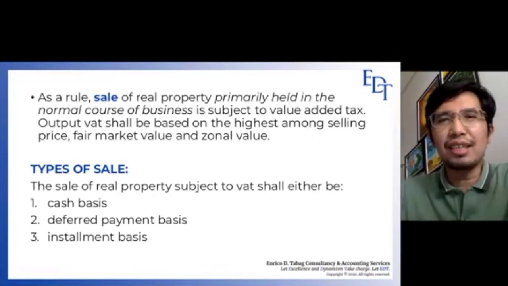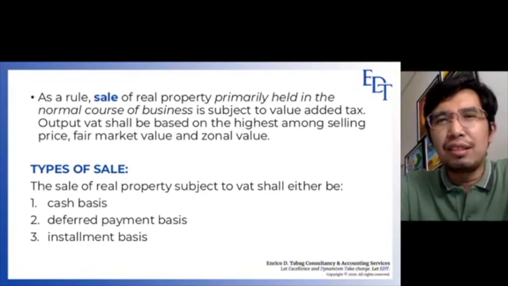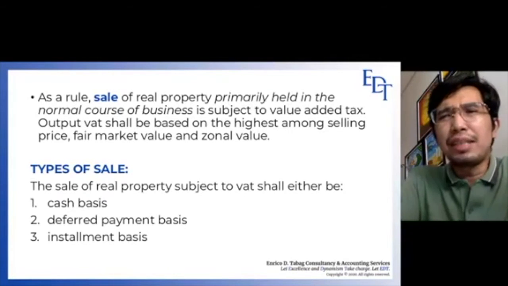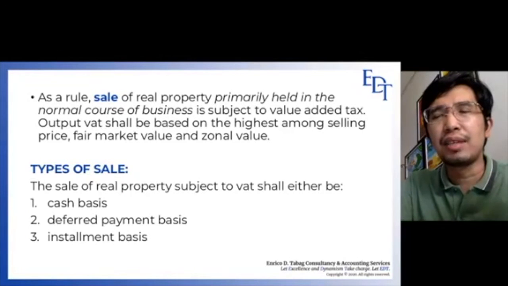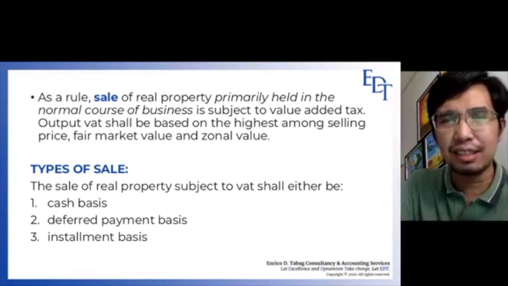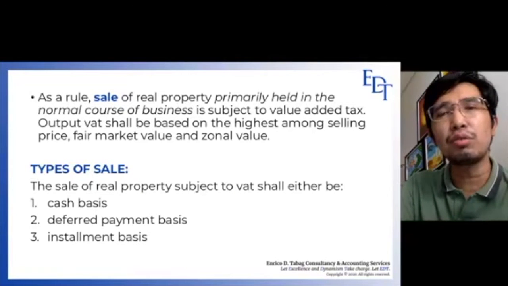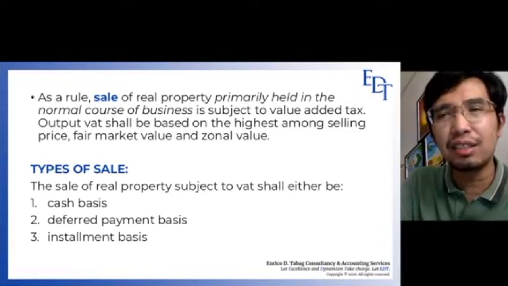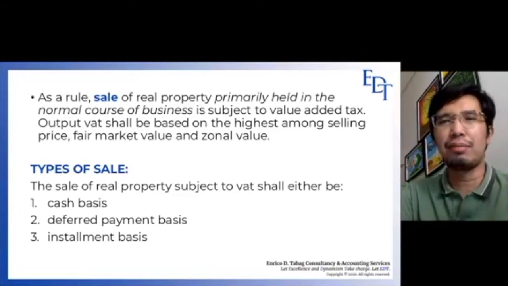Siyempre, pag sinabi natin cash basis, if we are the seller, we will be paid in full right away. O, yan yung cash basis. Ano naman significance niyan, sir, sa topic natin na VAT? Anong significance ng classifying the sale as cash sale, deferred sale, installment sale? So, this has something to do with how much or what percentage of the output VAT shall we report to the BIR.